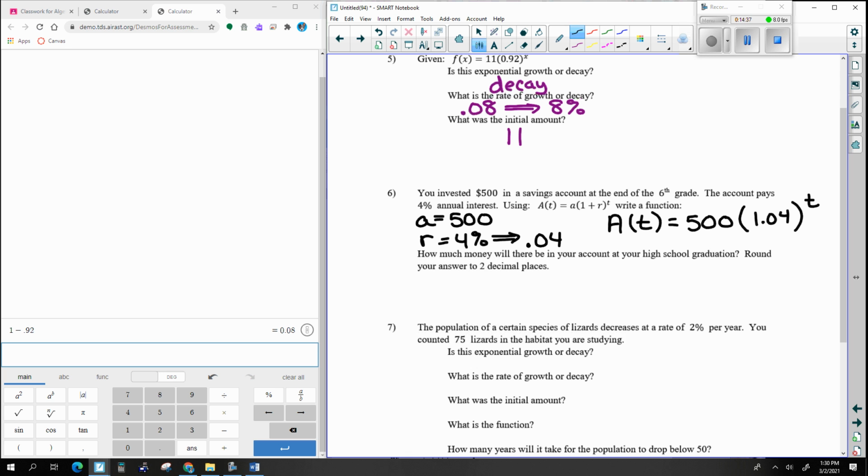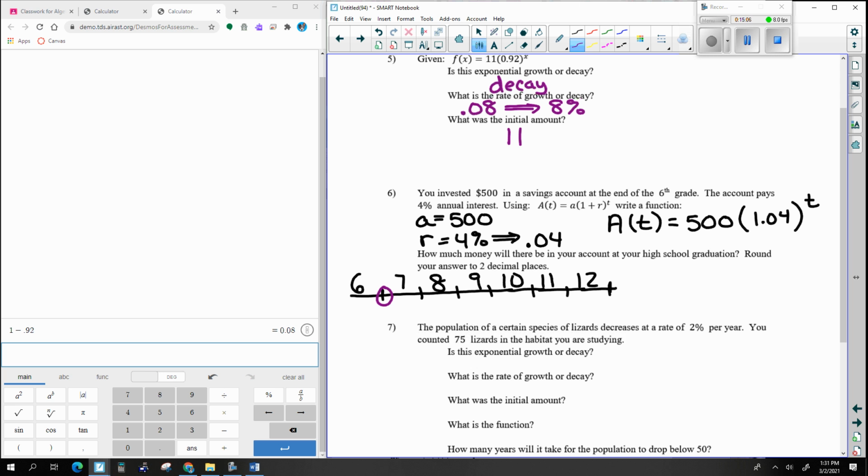How much money will there be in your account at your high school graduation? Let's just do the simple math. At the end of 6th grade, you made this investment. Then at the end of 7th, 8th, 9th, 10th, 11th, and 12th. This is when you withdraw money.